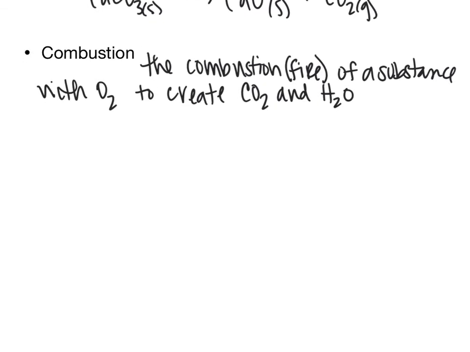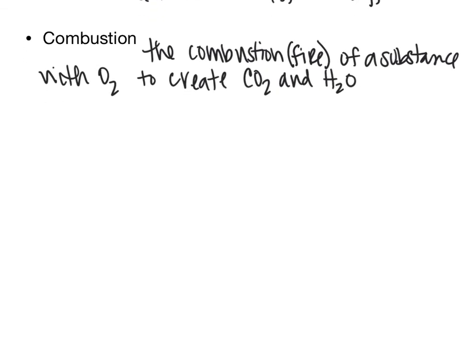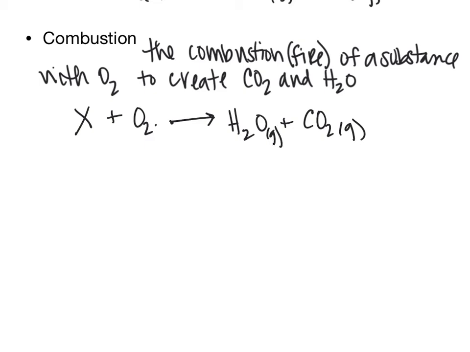So overall, a combustion reaction is pretty simple. We will have one component, which I'm going to call X, plus O2 gives us H2O plus CO2. In this case, we're going to have gases as all of our products. Oftentimes, you will also see that water is created as liquid water, but you can use either one.